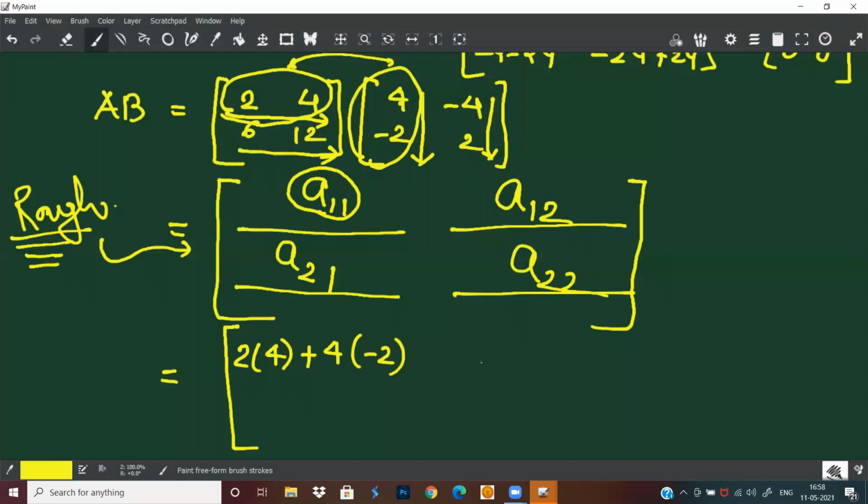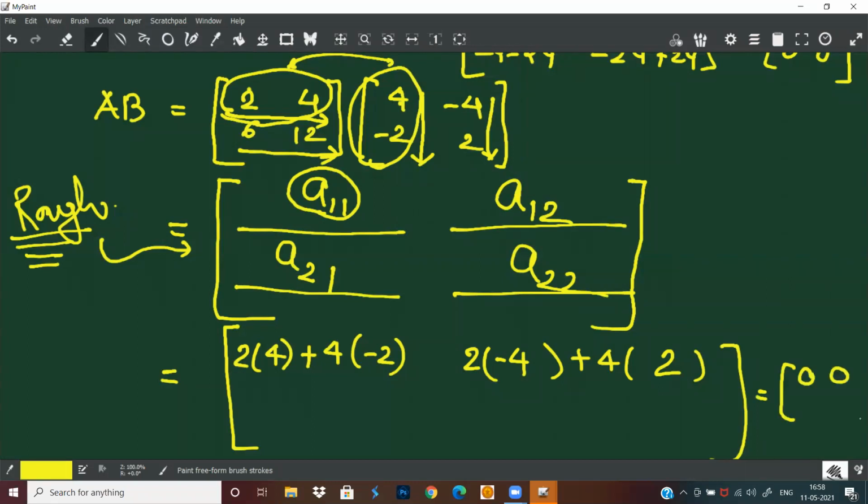So what will I get here? Tell me. It is 2 into something plus 4 into something. That is, see, this 2 into this, minus 4. Plus 4 into this, that is 2. Is that clear to you? Understood or not?